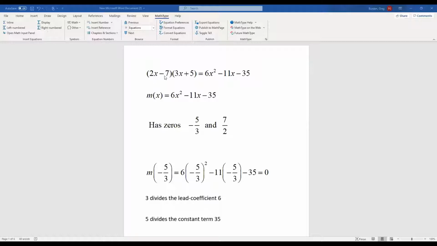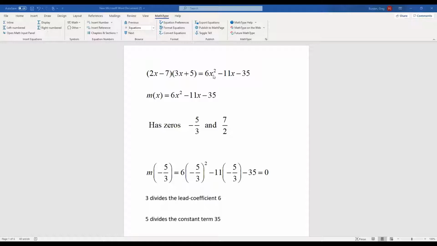So if 2x minus 7 equals 0, then 2x is equal to 7, and we get 7/2 as one solution of the equation 6x squared minus 11x minus 35 equals 0. In a similar way, you can get x equals negative 5/3 as the other solution.